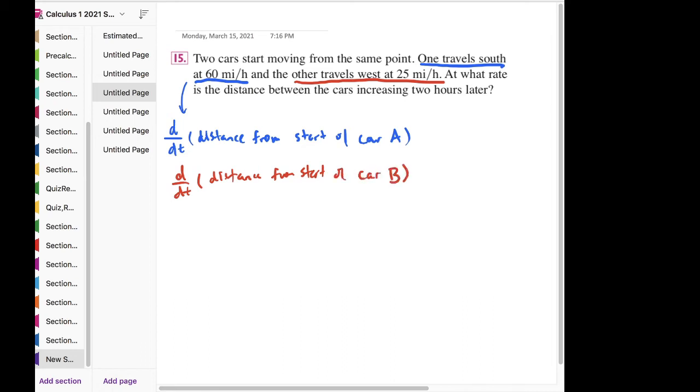Okay, then what is this language? What rate is the distance between the two cars increasing 2 hours later? Or we can ignore the 2 hours later for now. So it's definitely a derivative, but what is it of?